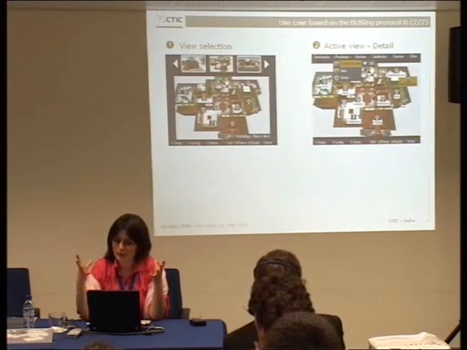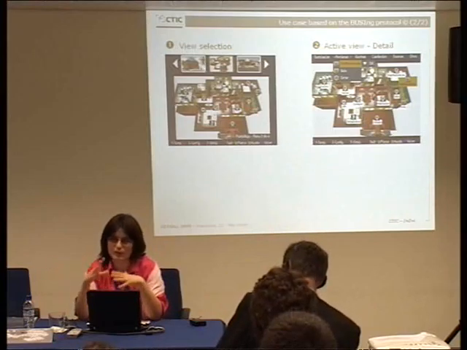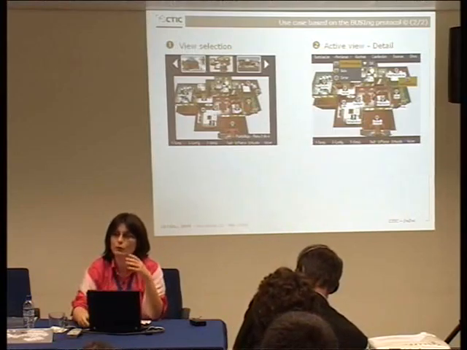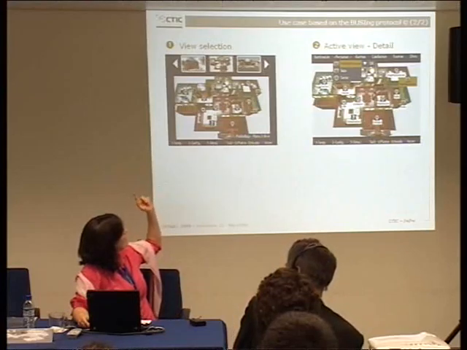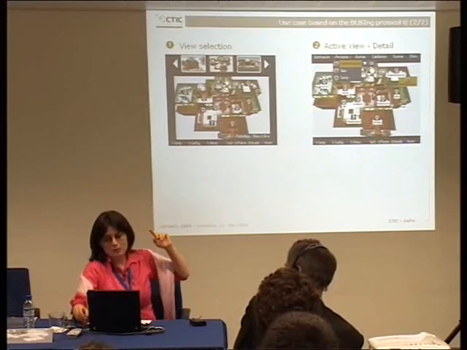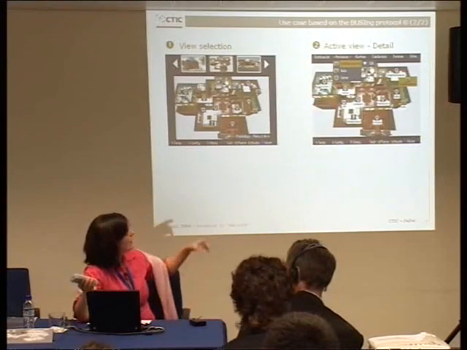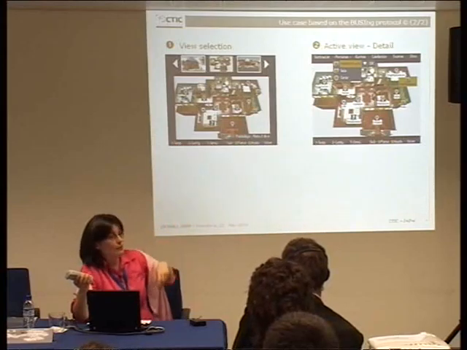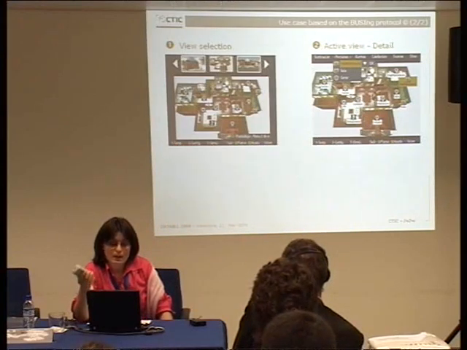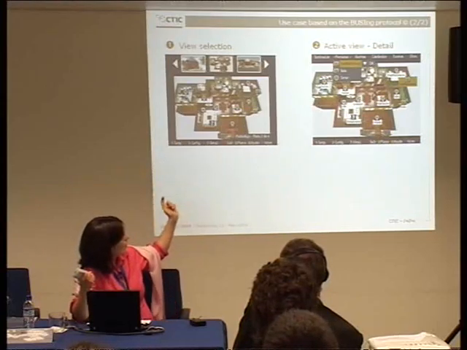For example, if it's a two-story flat, or a home, and we want to have it divided based on rooms, or maybe we want to have one map or several maps. And on the left, we can choose between the different views, and we can just move around from right to left, and that's it. And once we have selected the map, we have the detail of all of the elements that we find there, how they are, their status, and we can browse there.